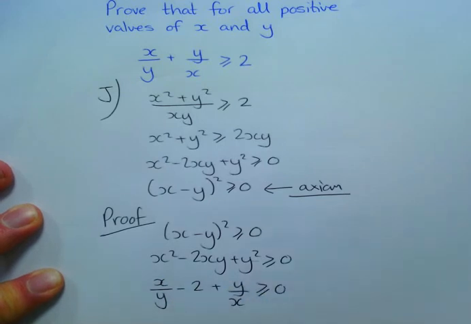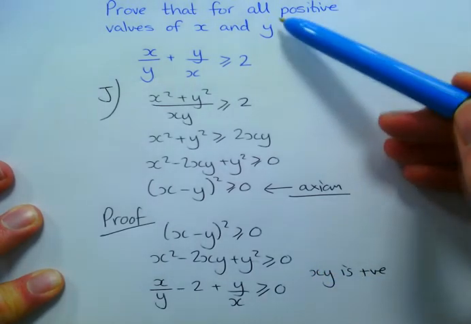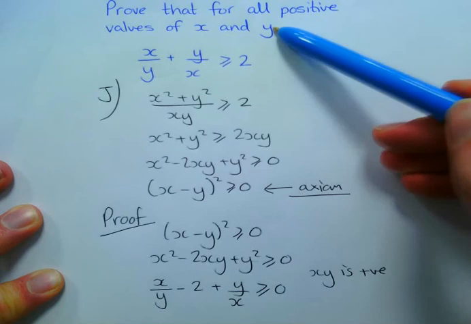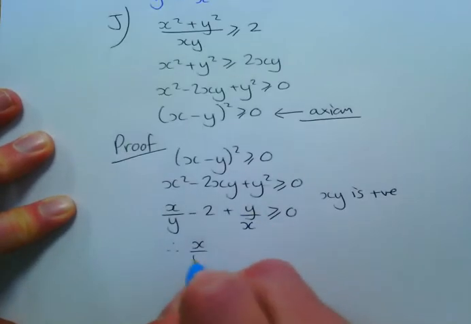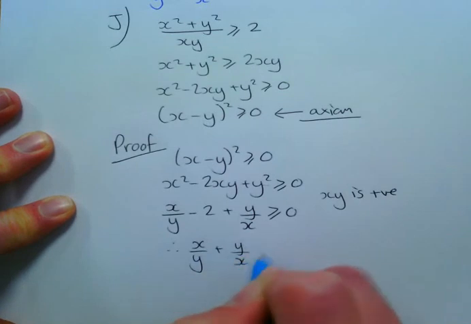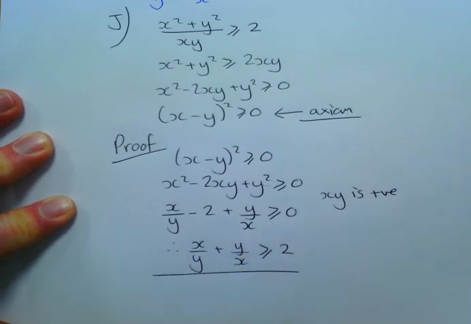And the reason we can do that is because xy is positive, because we know up here that we've been told they're positive. And if they were negative, then this isn't a good enough stage of working, because we'd have to change the direction of the inequality sign. So therefore we can say x over y plus y over x must be greater than or equal to 2.